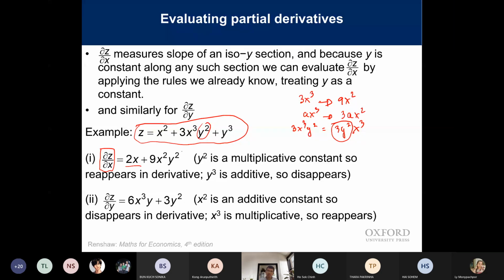So you're going to have 9x squared y squared. You can see y squared just remains the same. And the last term, y cubed: y is a constant, so y cubed is also a constant.